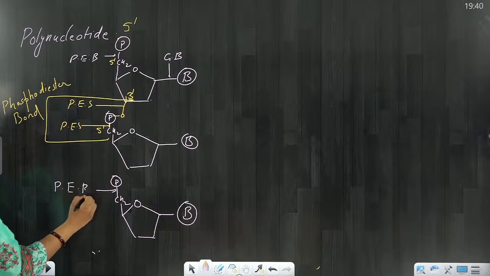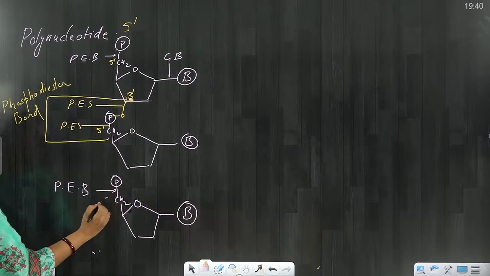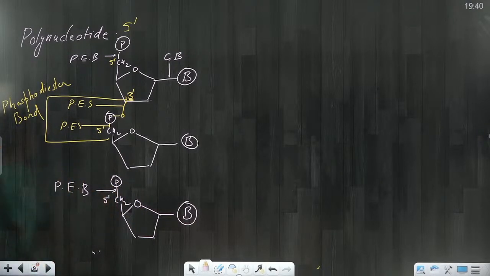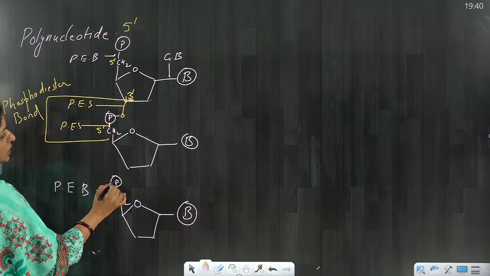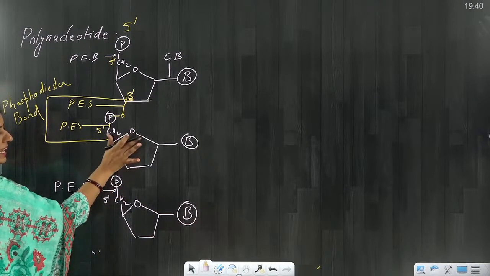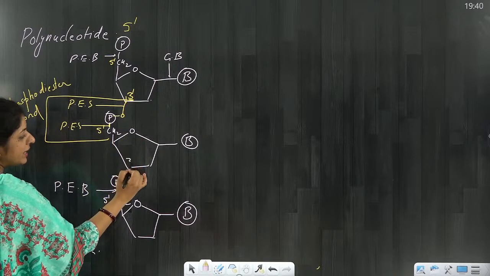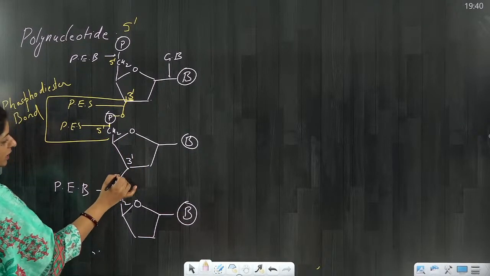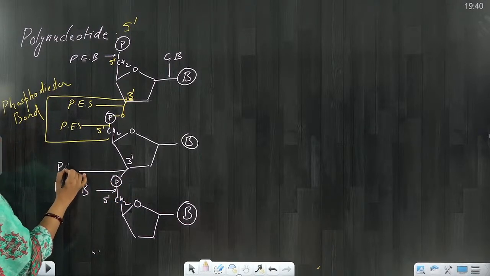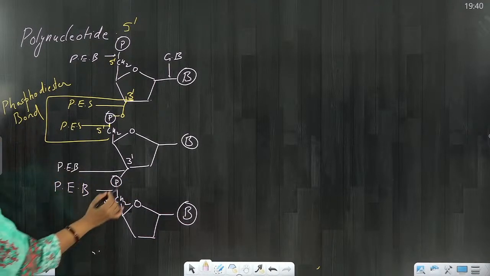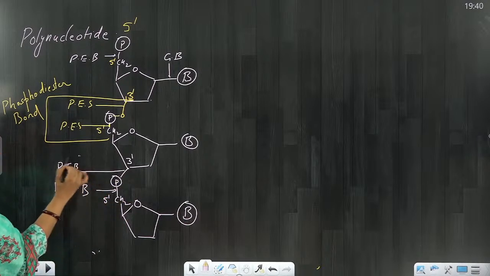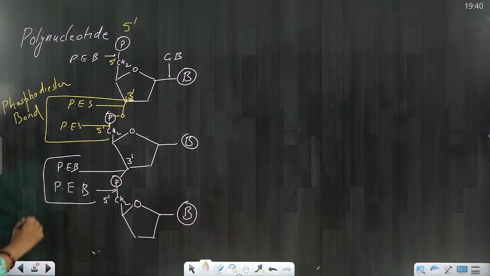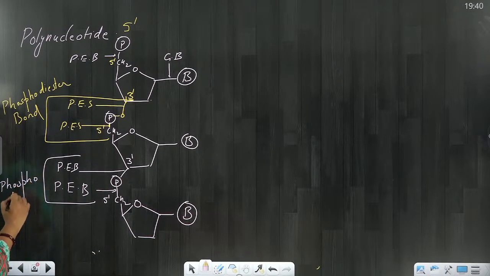Phosphoester bond of this nucleotide at which prime position? 5 prime position. Now this phosphate will make a bond with the neighboring nucleotide at which prime position? 3 prime position, and this bond too you call a phosphoester bond. Now from here to here you have 2 phosphoester bonds, that's why you call it a phosphodiester bond.